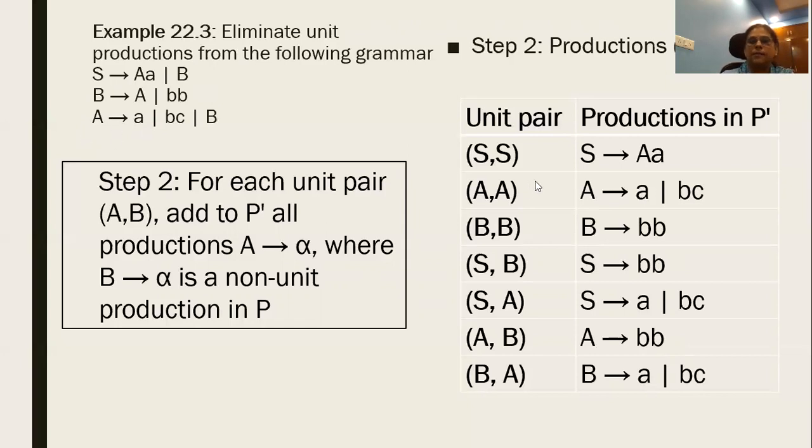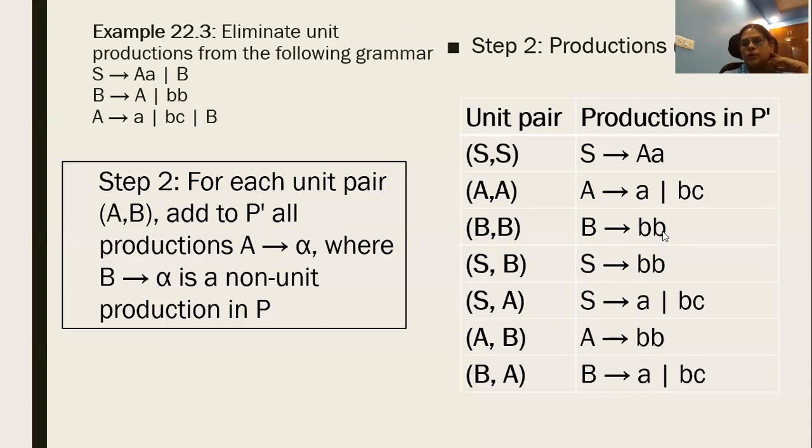So again, coming back, A derives a and A derives BC. You add these two productions here. Now for the unit pair (B, B), you add the non-unit productions of B in this resultant grammar. Now look at (S, B). You look at the non-unit productions.